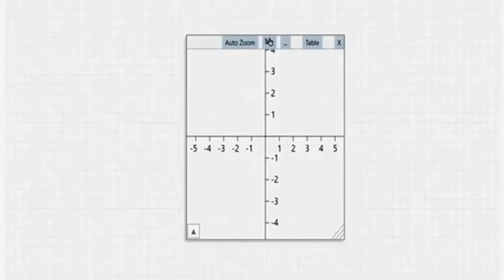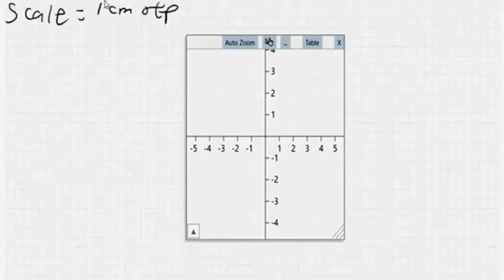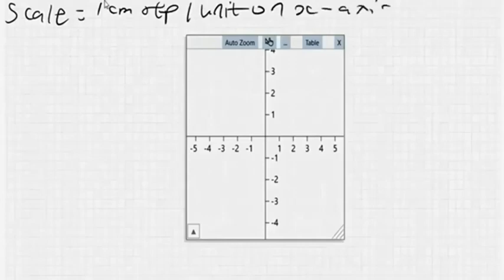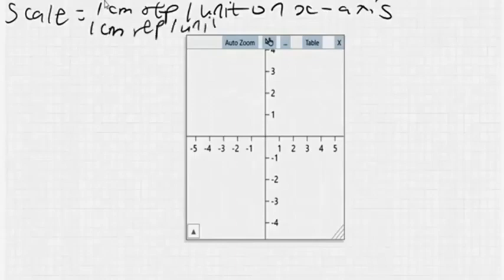The scale of this graph is 1 cm represents 1 unit on the x-axis, and we also have 1 cm represents 1 unit on the y-axis.